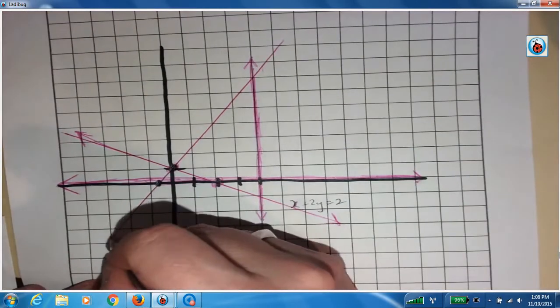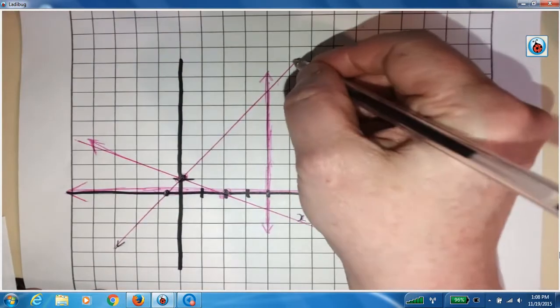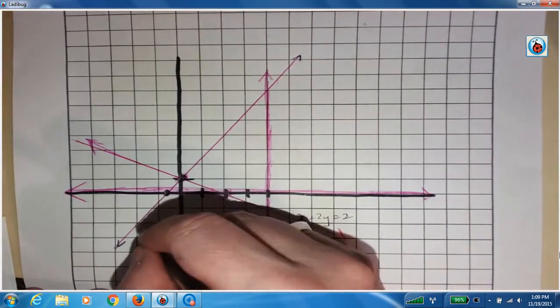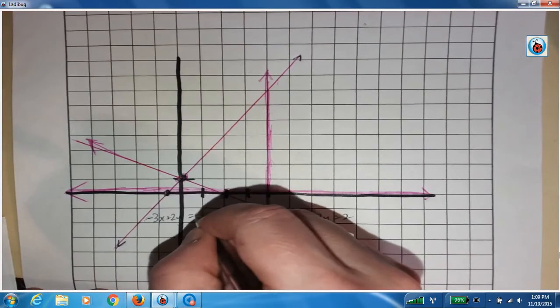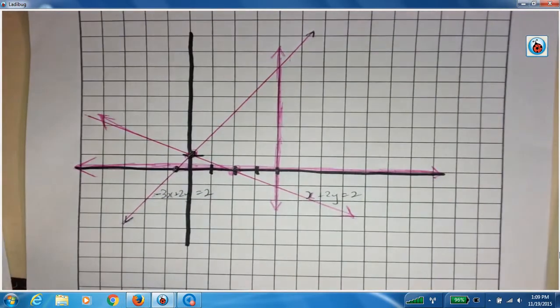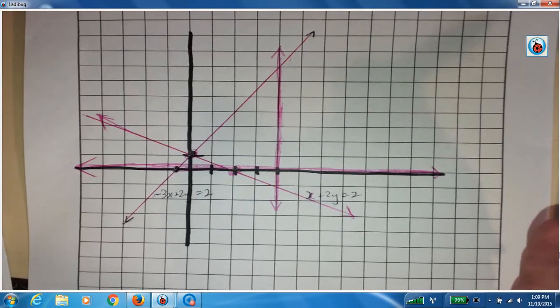Okay, and so this is my line, negative 3x plus 2y equals 2. Okay, I've got them all drawn. Now I want to get my region.